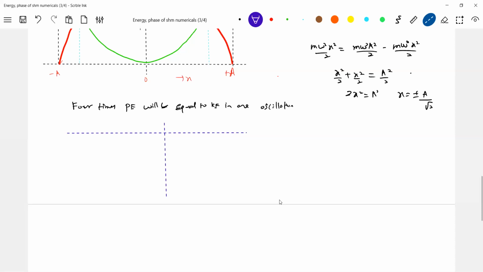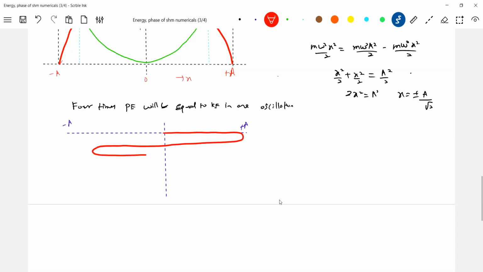This is plus A and minus A. Initially, let's assume that the particle starts from here, goes like this, then comes like this, then again. So what is this point? X equal to 0. Where is x equal to a by root 2? It will come here.